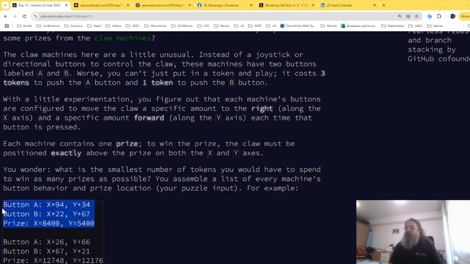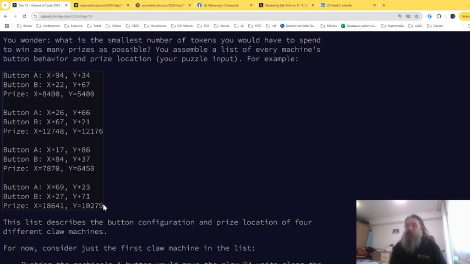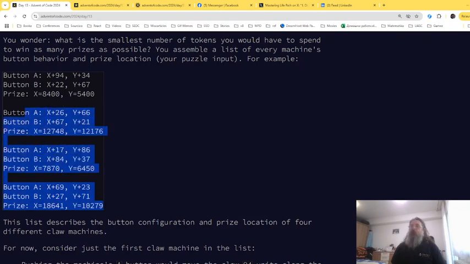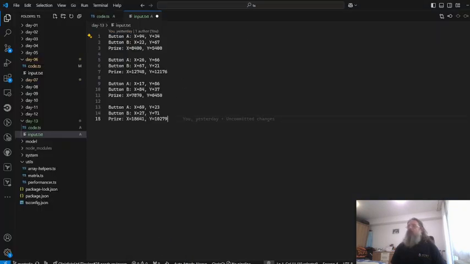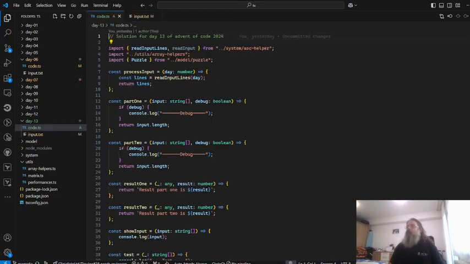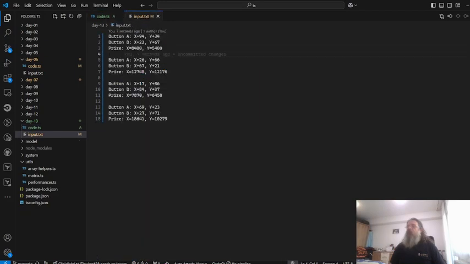First of all, the input is kind of weirdly shaped, so we're gonna need to parse it using regex. So let's get on to that. We're gonna need to read all the lines, and you can see that the lines are grouped in sets of 3.